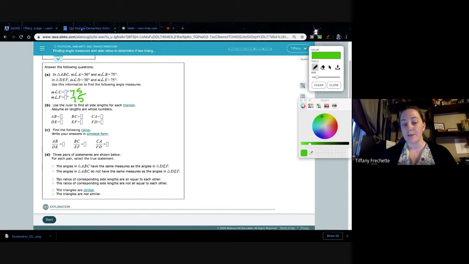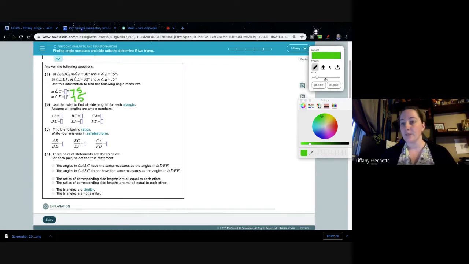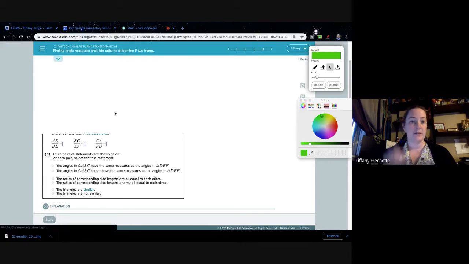The ratios of the corresponding sides are equal, or they are not equal. If we choose yes on both of these, then we would choose yes, the triangles are similar. If you choose no on either one of these, you have to choose no down here. So we just have to choose the correct one. All right, let's go ahead and start.